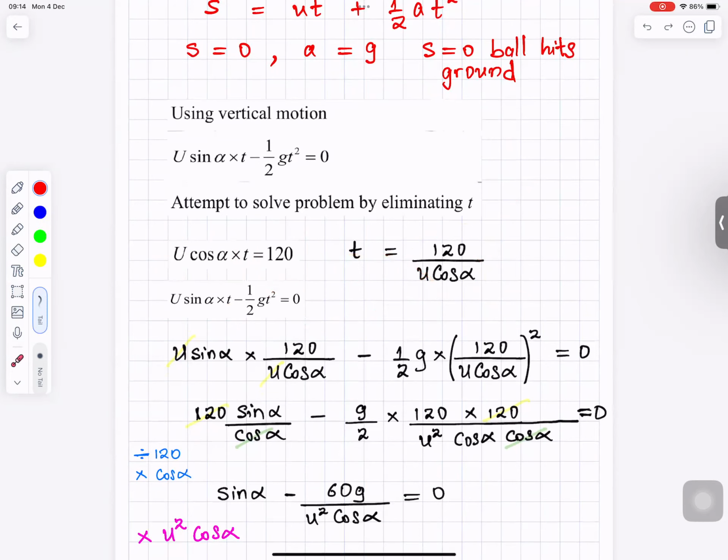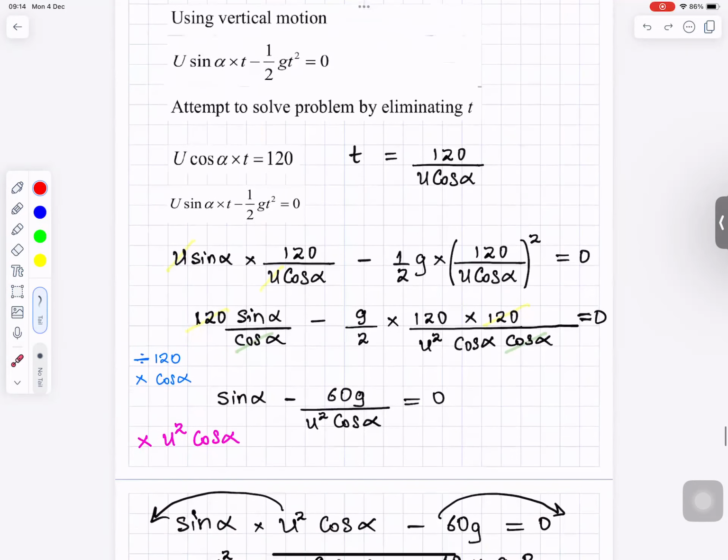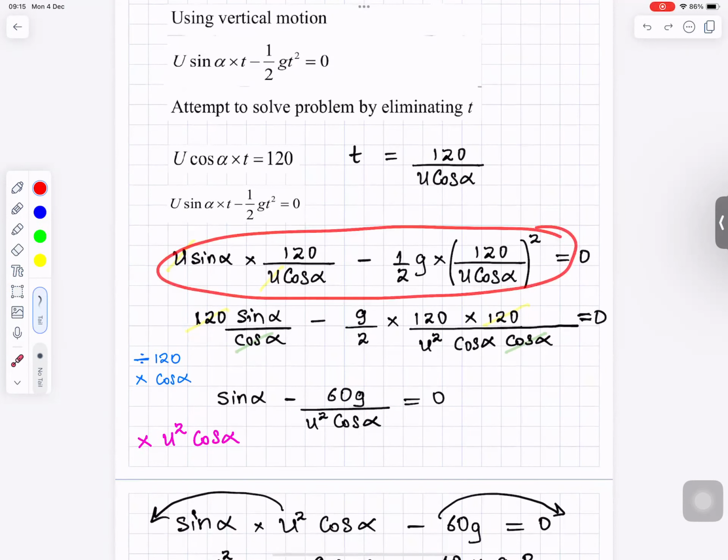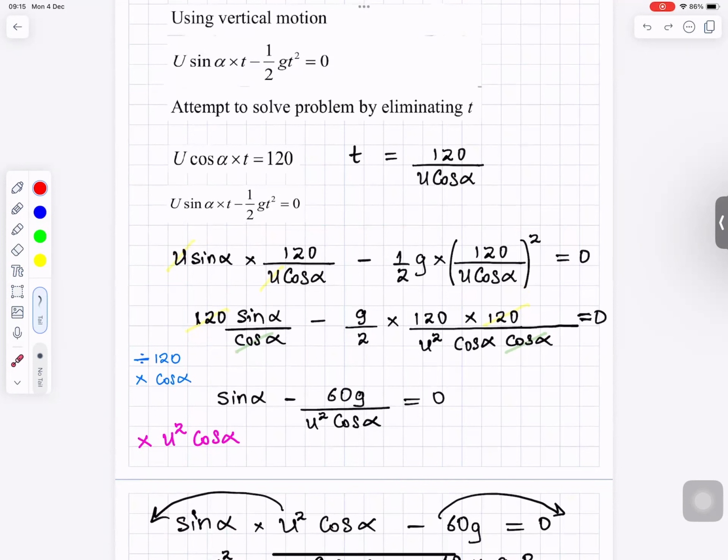So we have u sine alpha times 120 over u cos alpha, minus half g times 120 over u cos alpha, squared, and all of that equals 0 because it has landed. So the displacement is 0. Now we want to solve all of this, and it has to do with how you solve it quickly. This u would cancel with that u there.